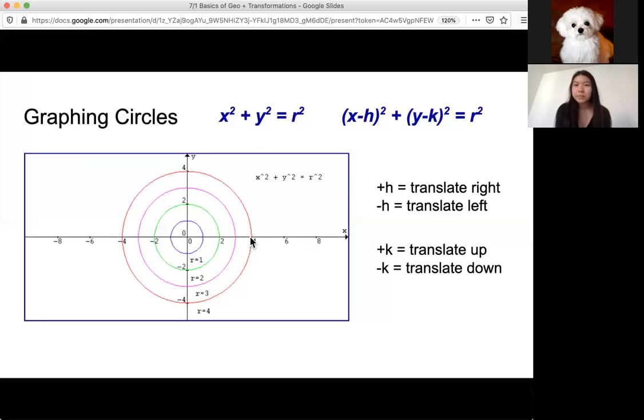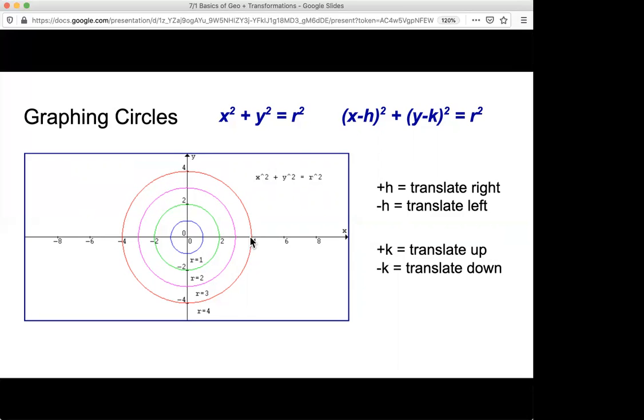And when we're talking about transformations, the function would be x minus h to the power 2 plus y minus k to the power 2 equals r squared. If it's a positive h, it would be moving to the right. Negative h, it translates to the left. Same with k. However, k, because it's on the y-axis, if it's positive, it's going to translate up, and if it's negative, it's going to translate down.